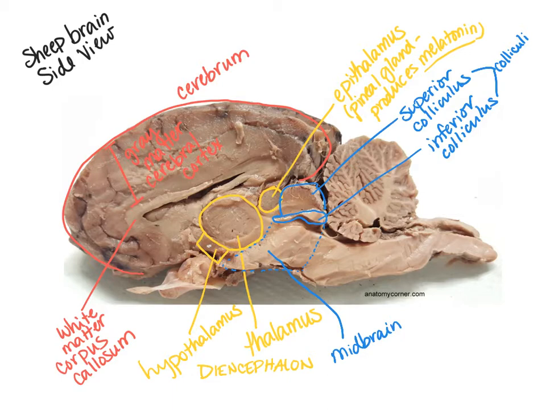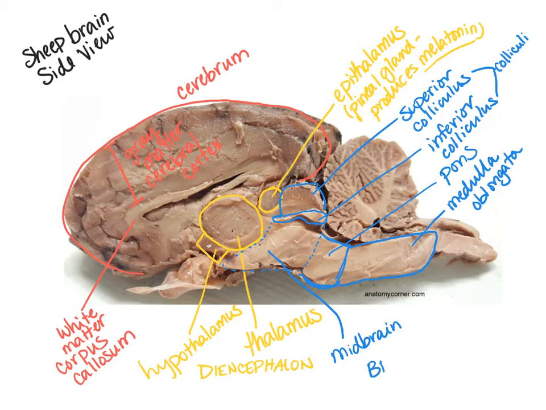The next kind of bump of the brainstem, so this region right here, is the pons. And then the next bump we see is the medulla oblongata. And all the structures in blue make up the brain division called the brainstem.